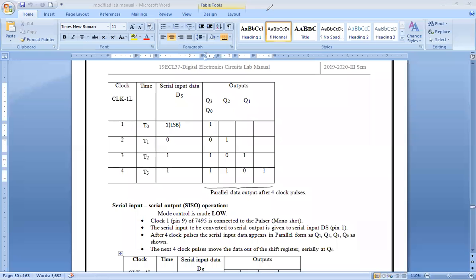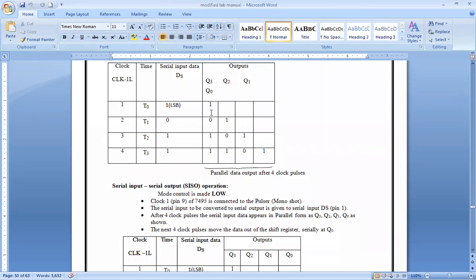Yes, sir. So we say that there is serial input of data, and after 4 clocks, parallel output. So SIPO. I call it SIPO, right?